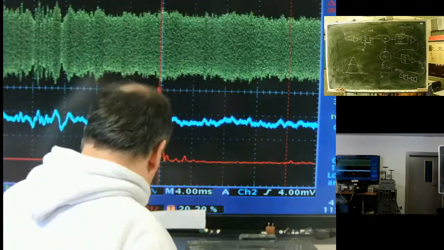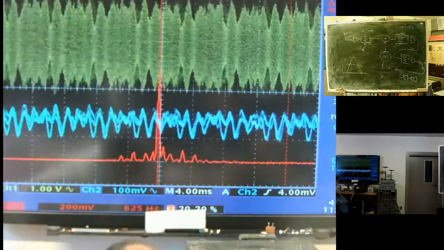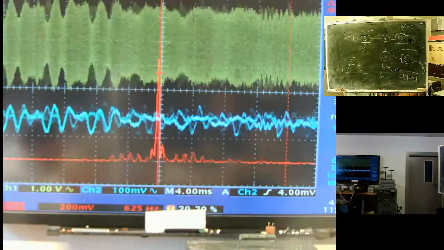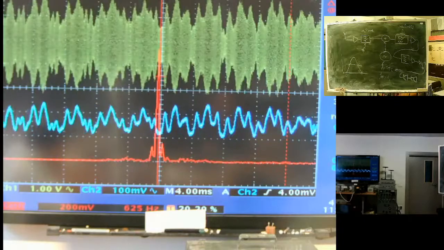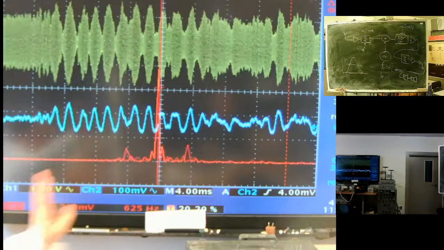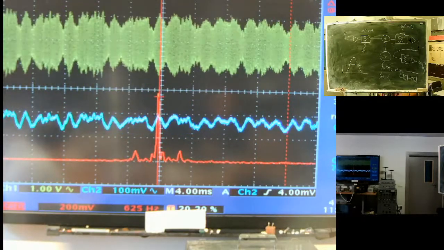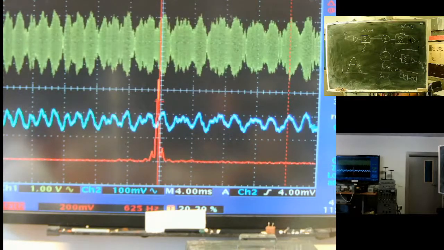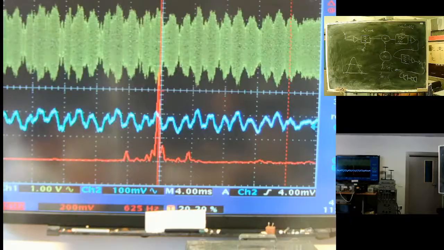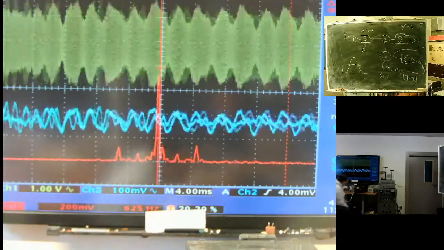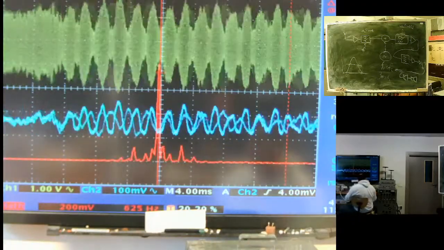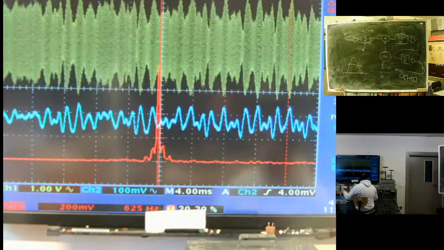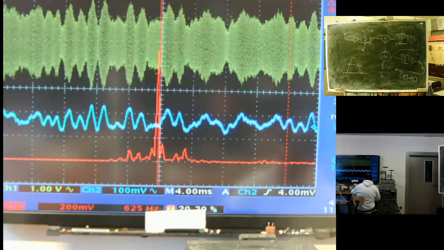And now, no guarantees at all, I will try to find a single sideband signal. This one is usual amplitude modulated. I would like to see SSB. No guarantees at all, I may find it, it's possible to find and possible not to find.